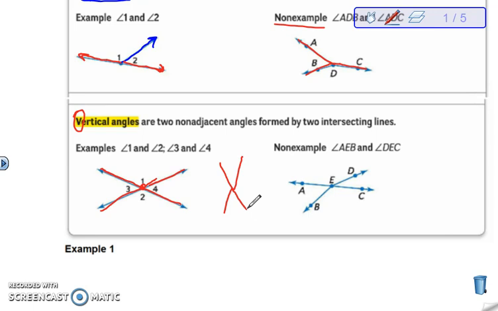If I look at the example, 1 and 2 are vertical because when I draw them out, there's a V going up and a V going down. 3 and 4 are vertical because the V's point on the side.